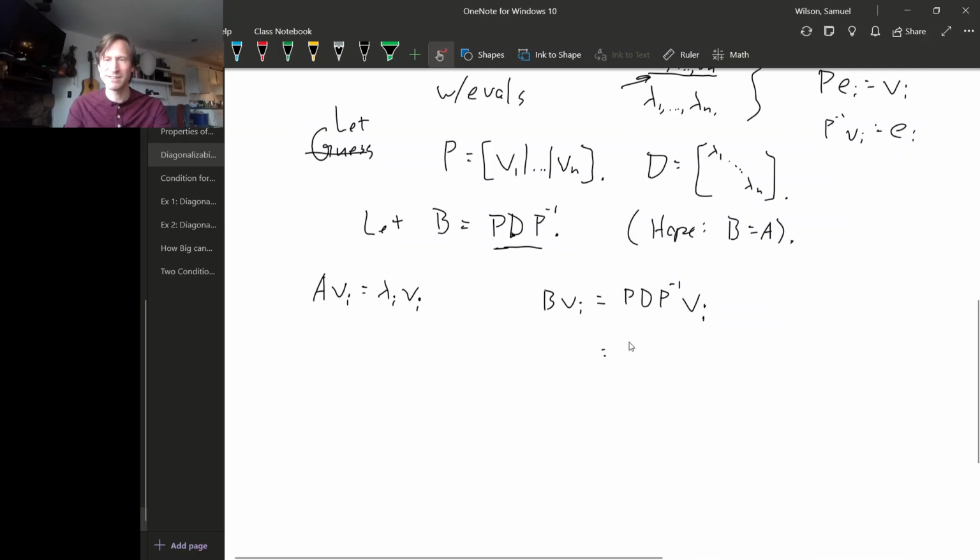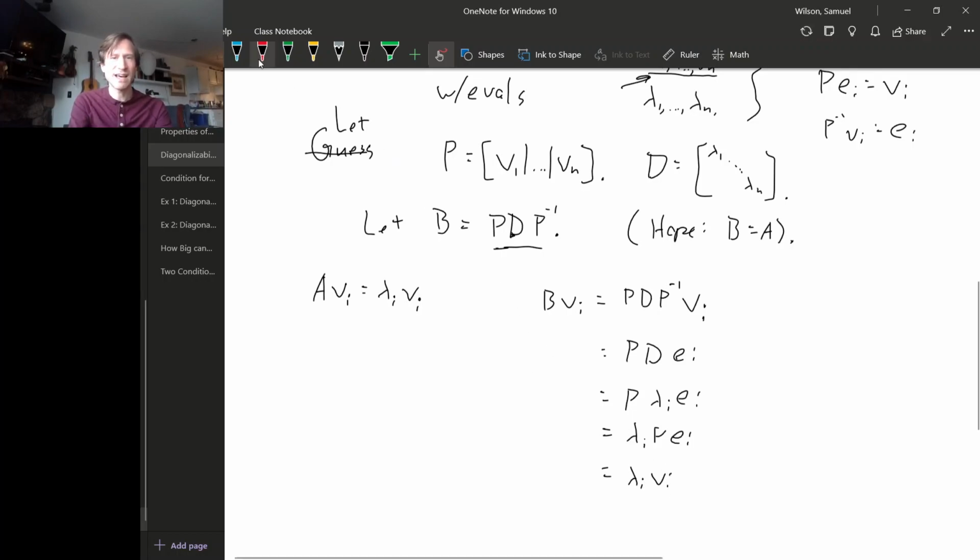So this is P times D times ei. What is D times ei? Well, ei just picks off the ith diagonal entry here. So P times lambda i times ei. Now we can move the lambda i out front: lambda i times P times ei. And P times ei, that's vi. So this is lambda i vi.